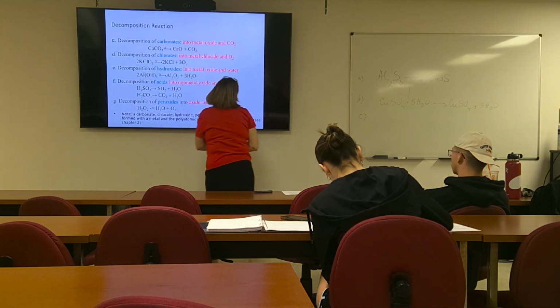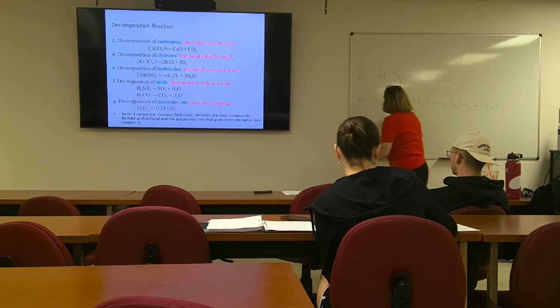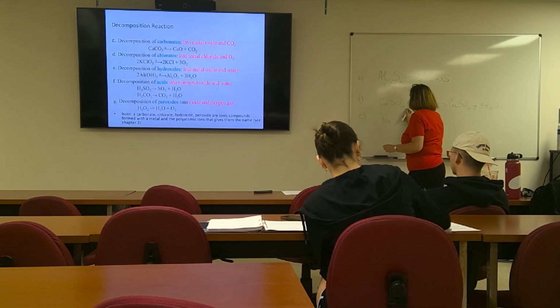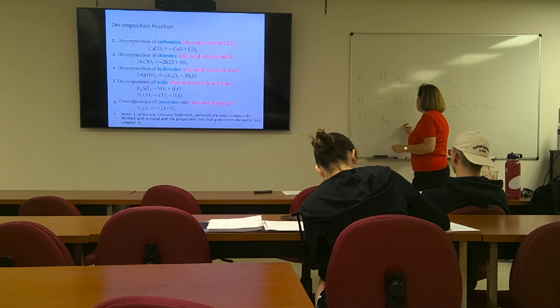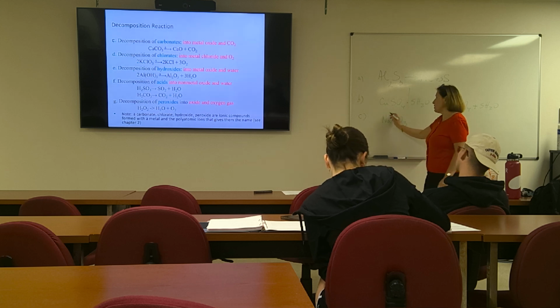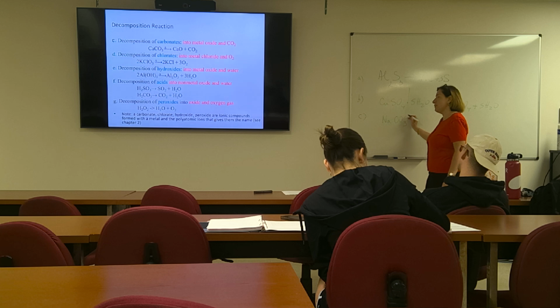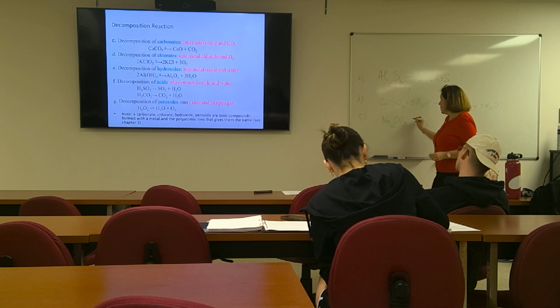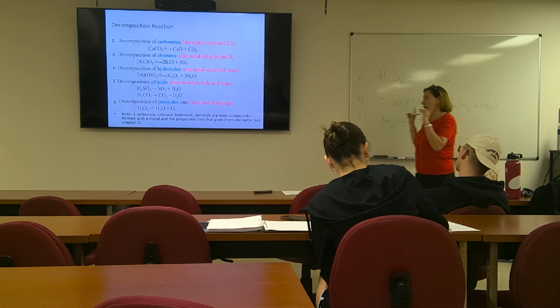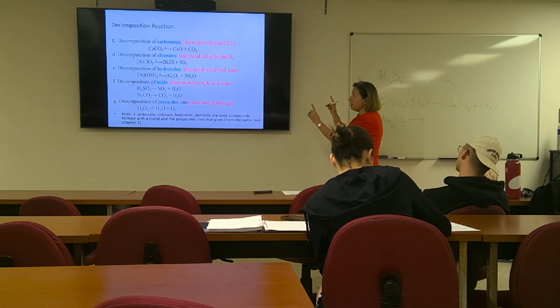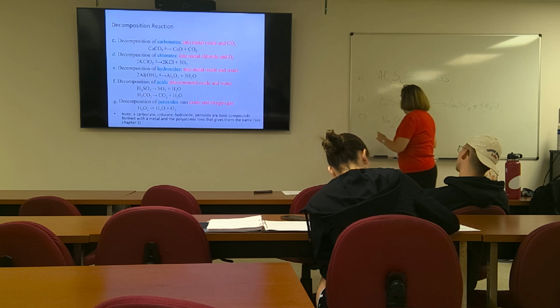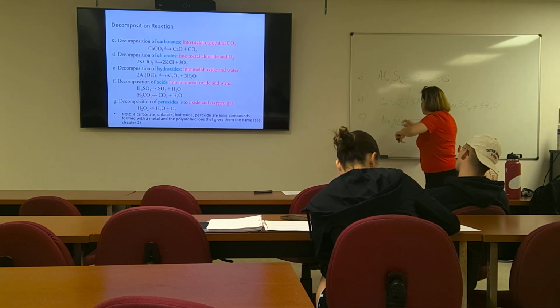Let's do another example. If I want to decompose sodium carbonate, the formula for sodium carbonate, remember the charges, +1 for sodium, CO3 has a -2, when you cross it over, you get Na2CO3, right? So what is the pattern saying? Any carbonate breaks into the metal oxide and CO2. What's the metal here? Sodium is your metal.